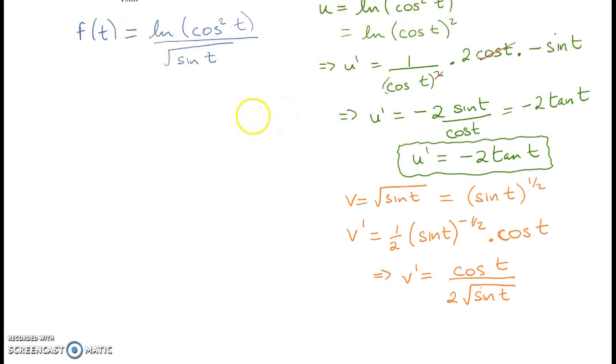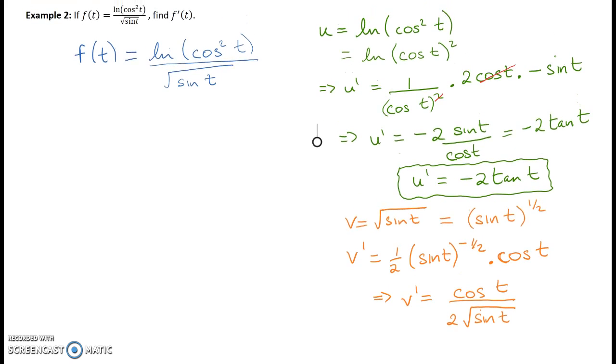Okay, now let's look at what we had originally. f of t was equal to the log of cosine squared t over root sine t. So now we're going to have to try and rewrite all of that.